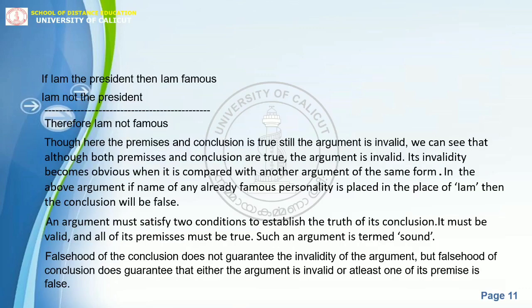Let us have a look at another example. If I am the president, then I am famous. I am not the president, therefore I am not famous. If we look at the premises and the conclusion in this, we can understand that all these propositions are true.